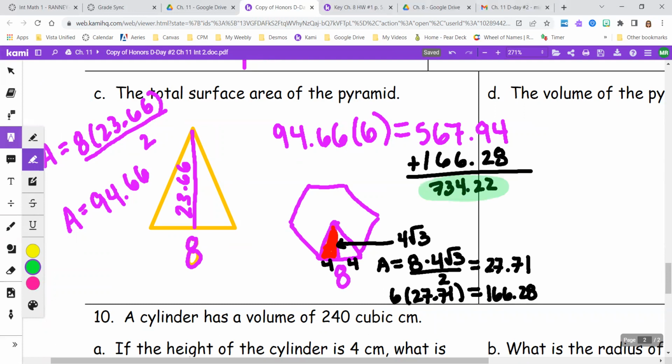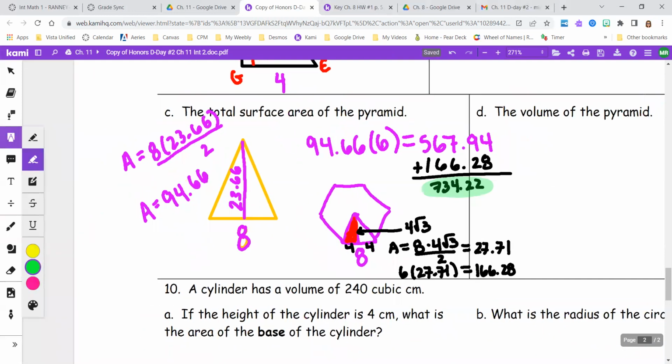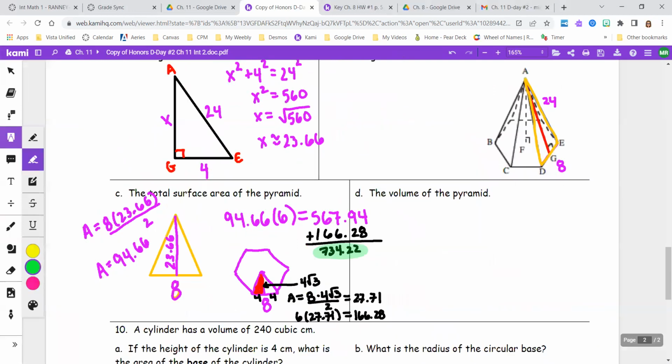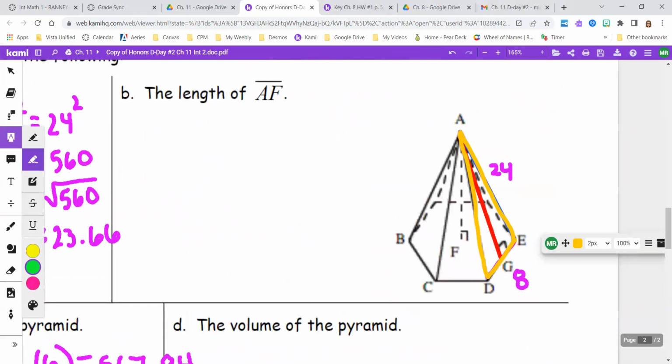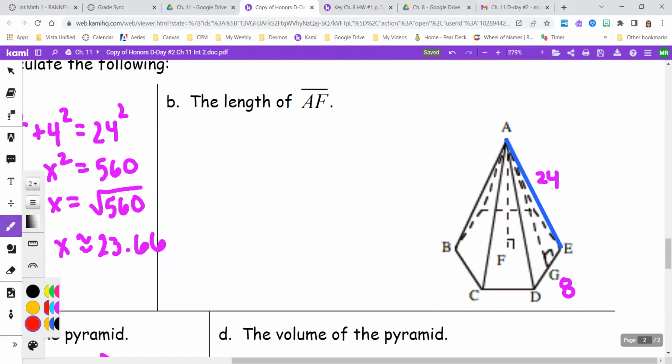Now, when I'm going to try to find the volume of this, for the volume, I need to have the height of the pyramid. So to find the height of the pyramid, let me just get rid of this. I am going to need to get this height right here. And I'm going to draw that to this corner.